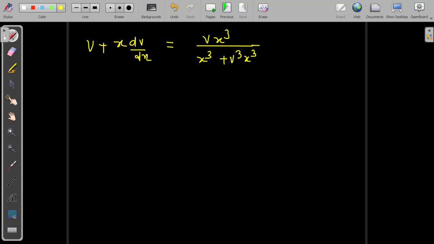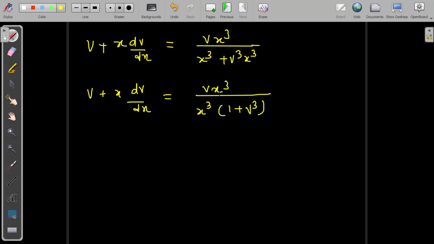Here x power 3 is common from the denominator, and 1 plus v power 3 will be left. This x power 3 cancels out.